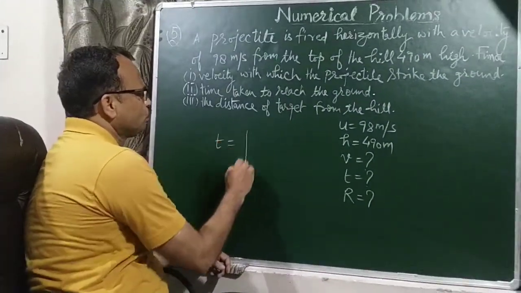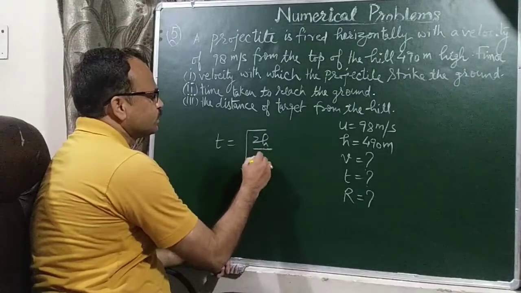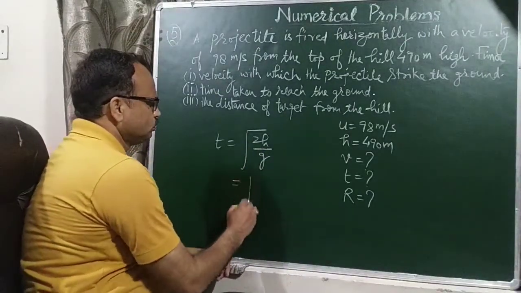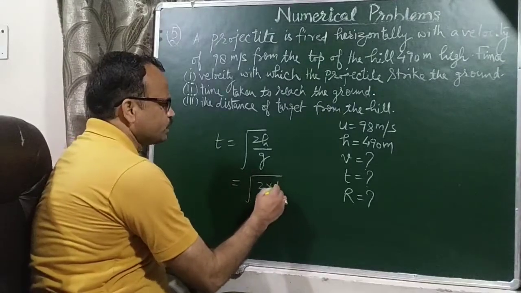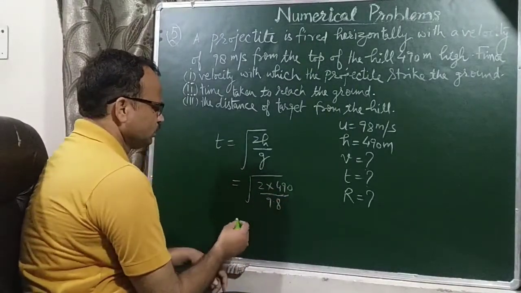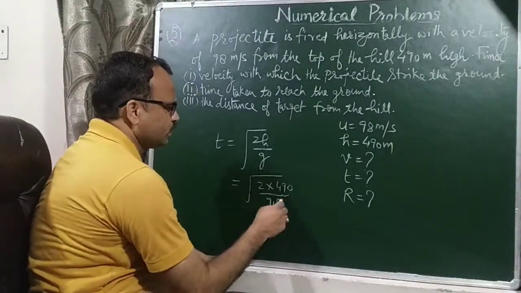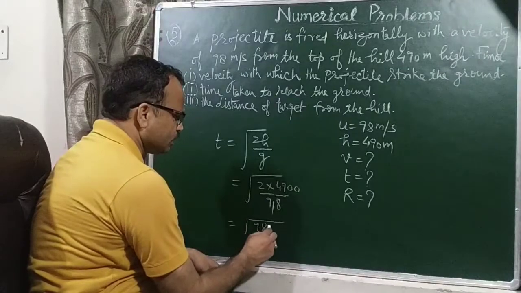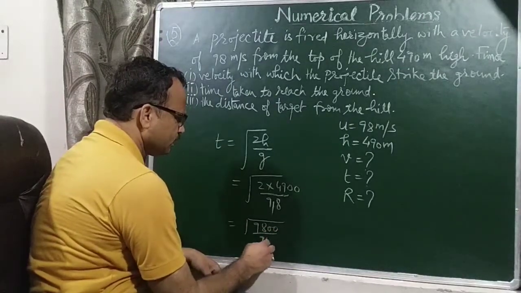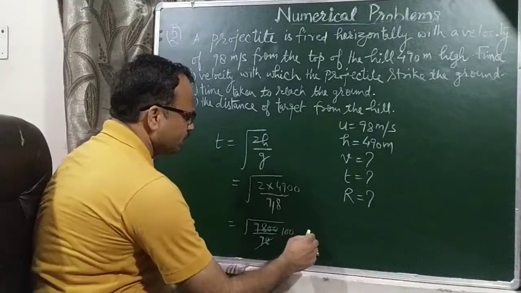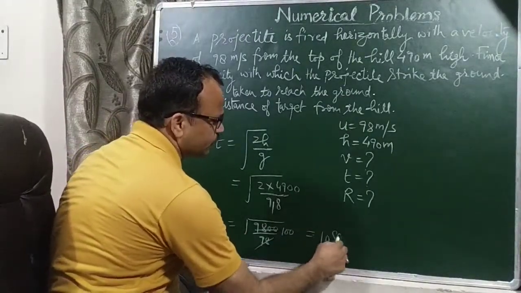t equal to under root 2h upon g. So under root 2 into the value of h, 490 upon 9.8, 0 cancels, now 9800 upon 98 is 100, root of 100 means 10 seconds.